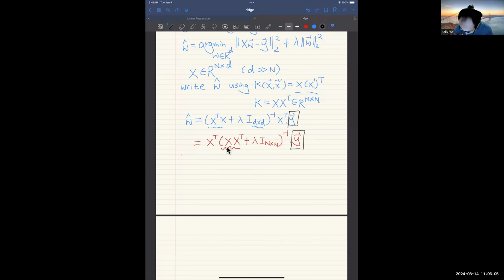So what I'm going to do is multiply, and we want to show X transpose plus lambda identity N by N multiply X transpose.